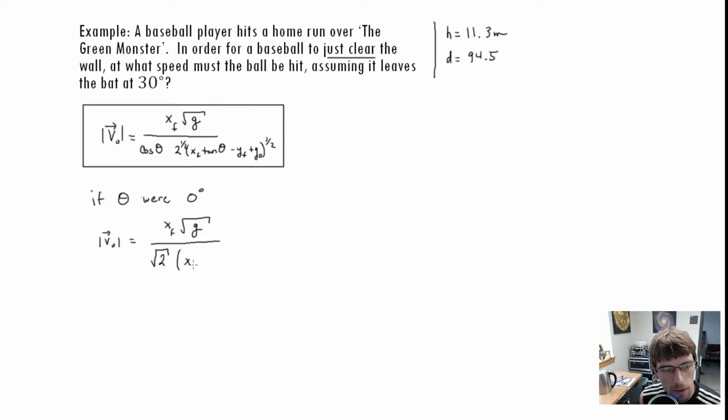Well, x final just stays that. Tangent of 0 is 0. So I end up with a 0 here. This is just 0. And then I get minus y final plus y naught.